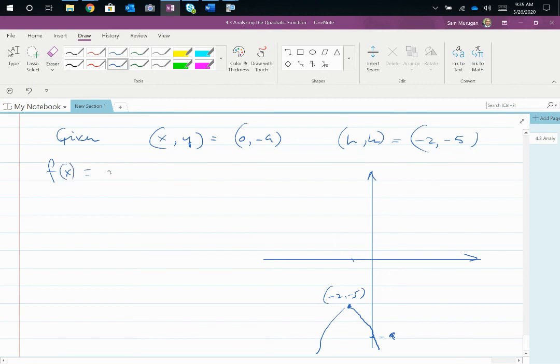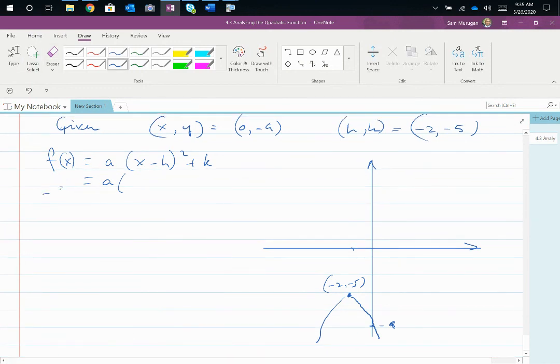f of x is equal to a times (x minus h) squared plus k. So this a times f of x is negative 5, x is negative 2. I'm sorry, that's x is 0. I have this all wrong. f of x, the y value is negative 9.